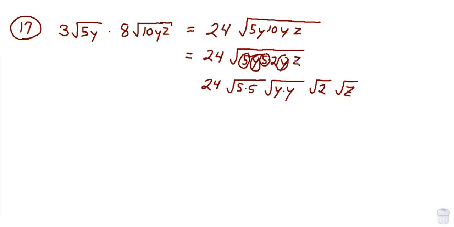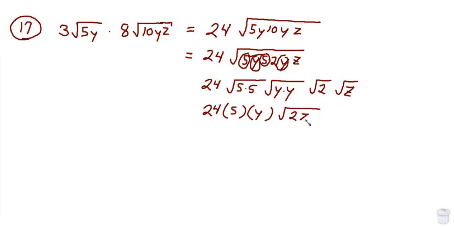Z looks really close to my 2. The square root of 5 times 5, we know that is 5. And the square root of y times y, we know that is y. Can't simplify that square root of 2 any, and can't simplify that square root of z any.